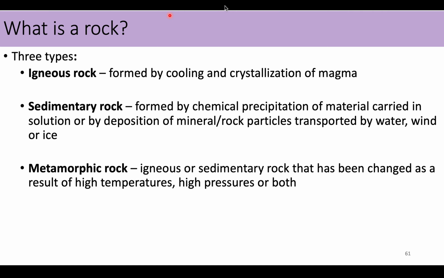And metamorphic rock is igneous or sedimentary rock that has been changed, or metamorphosed, into metamorphic rock due to very high temperatures and very high pressures. So metamorphism is when rock undergoes very high temperature, very high pressure, and the rock physically changes into what we call metamorphic rock.